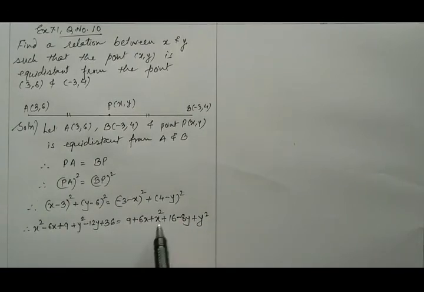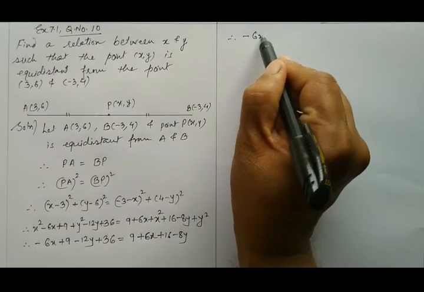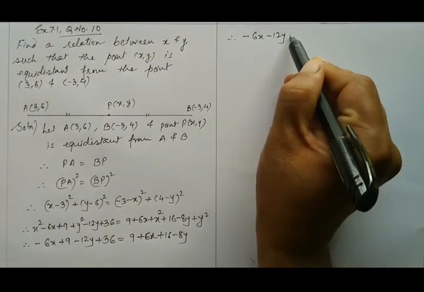So x square cancels, y square cancels. So what remains is minus 6x plus 9 minus 12y plus 36 is equal to 9 plus 16 plus 6x minus 8y. Okay, so simplify. So minus 6x minus 12y.